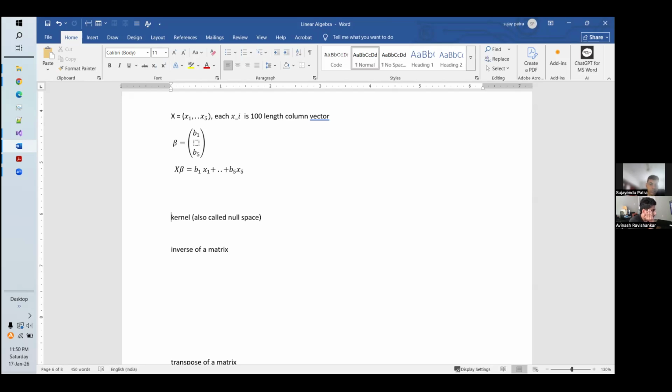The second concept I want to discuss is kernel. So kernel is basically, you have a matrix A, and suppose you have a vector V, then AV equals 0. Now remember that this 0 is not a number 0, not a scalar. This is a vector 0.